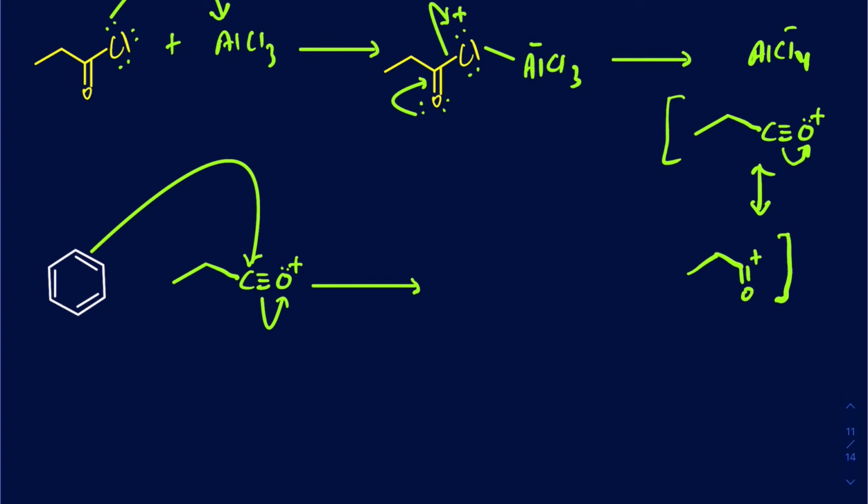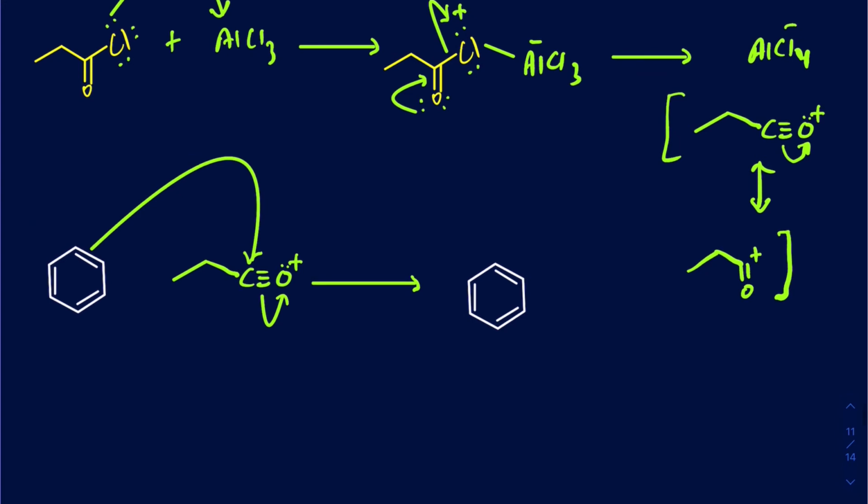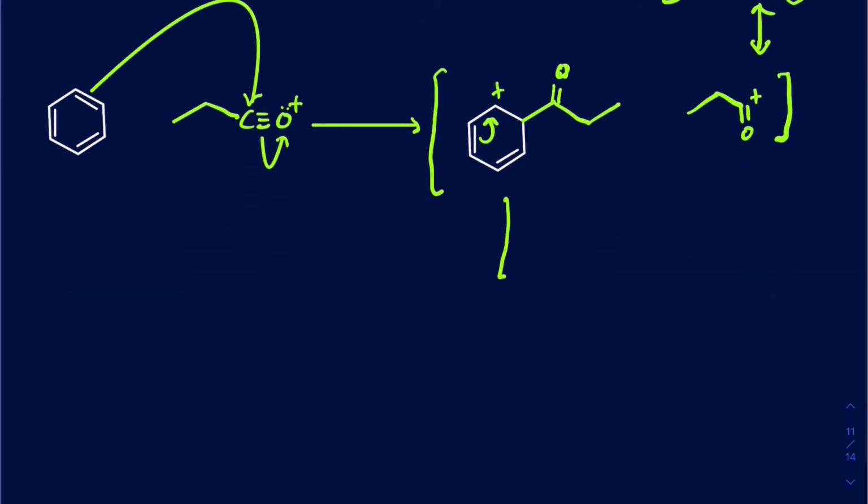So now I would have this right there with a positive charge on here. Then you can draw the resonance structures.